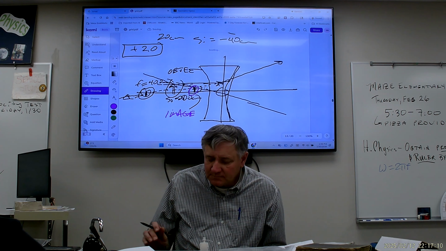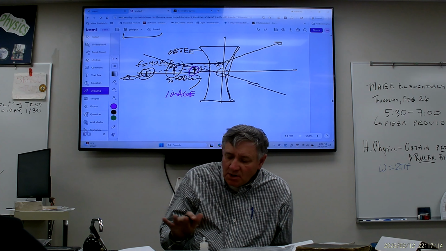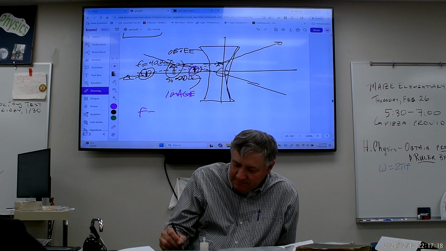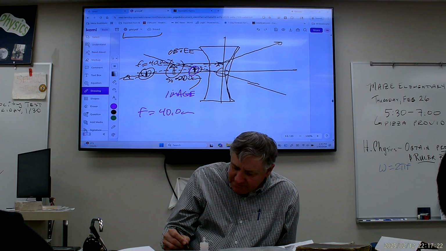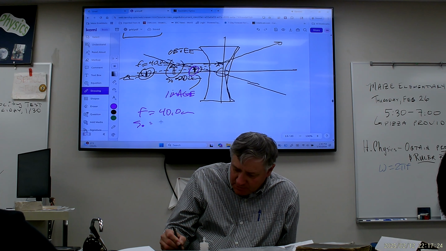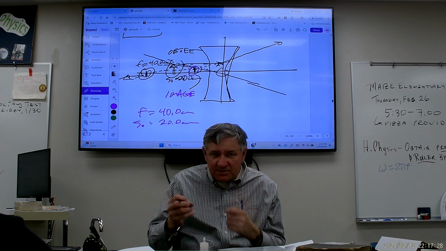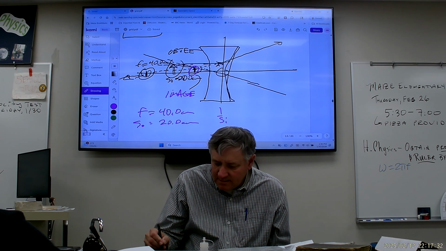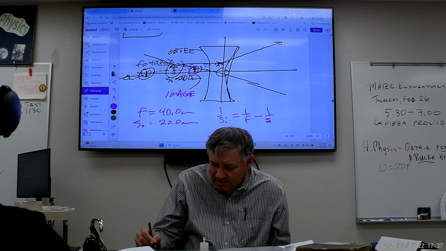Okay? Now, we're going to do the math. Because I've given you the focal length is 40, and I've given you the object distance is 20, I'm going to try and find the image distance. So I've got 1 over si is going to equal 1 over f minus 1 over so.